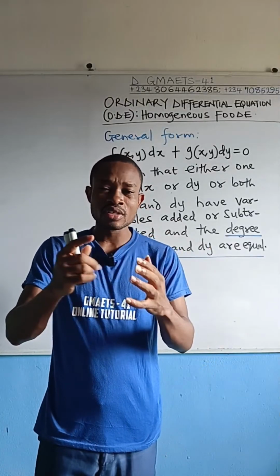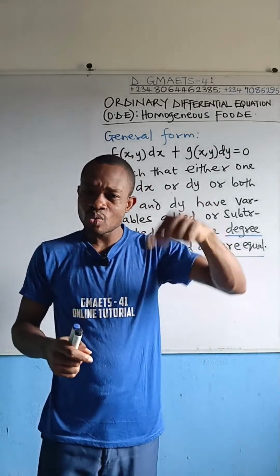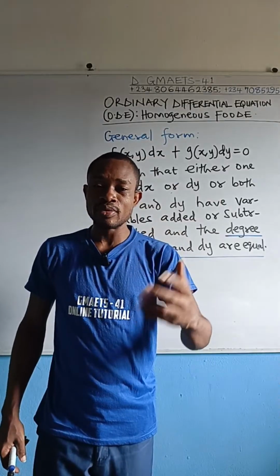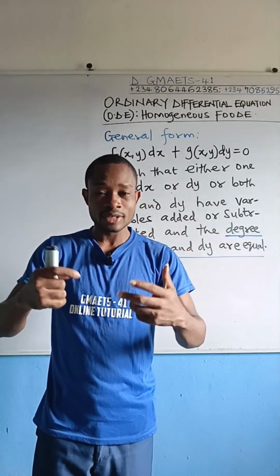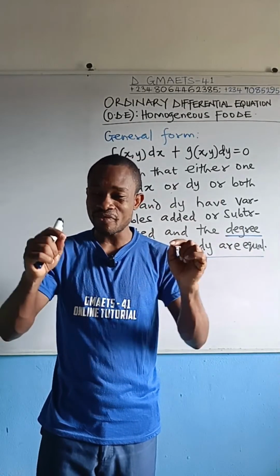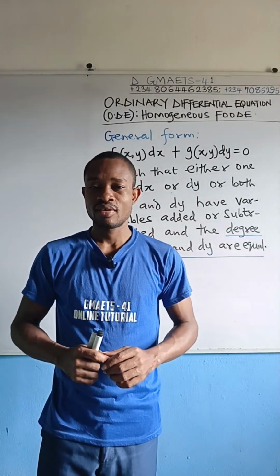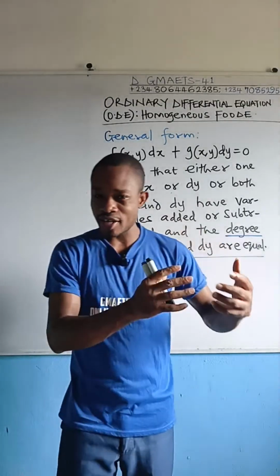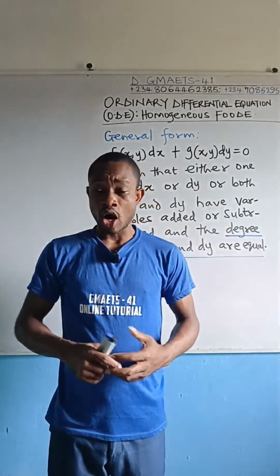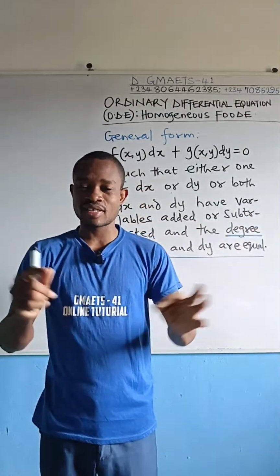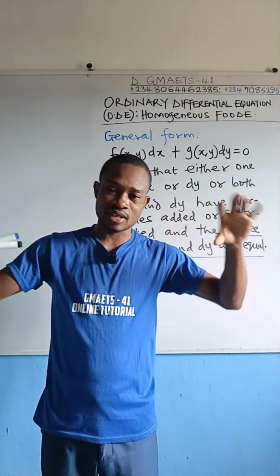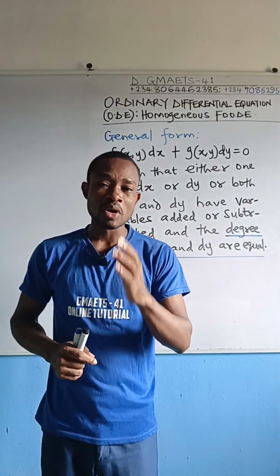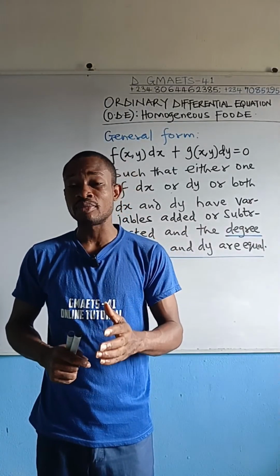Either in the dx part or in the dy part, you would see the variables x and y being added or subtracted. It is also possible that in both the dx and dy parts, they are being added. We see something of that kind when we are exposed to a homogeneous FODE problem.